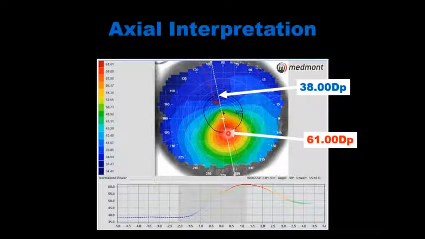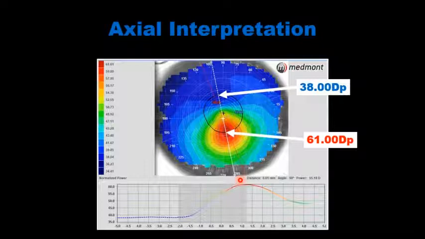Now, the axial interpretation is one of the principal diagnostic analyses that we would use. What the axial does is it gives you an understanding of the powers that are distributed within the pupil. So you can see that here from the inferior pupil, we go from 61 diopters curvature to 38 diopter curvature. So a 23 diopter distribution of power within the pupil.